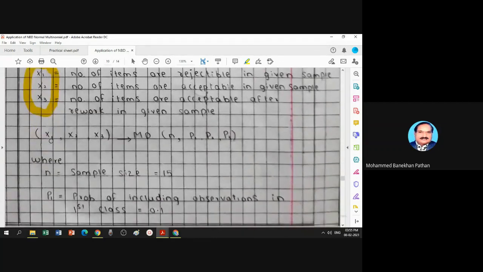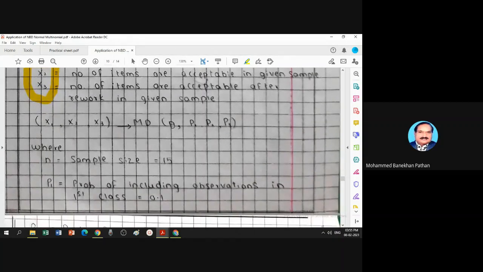So I say X1, X2, X3 follows multinomial distribution with parameters small n, comma p1, p2, p3.